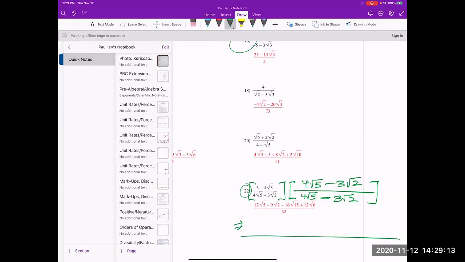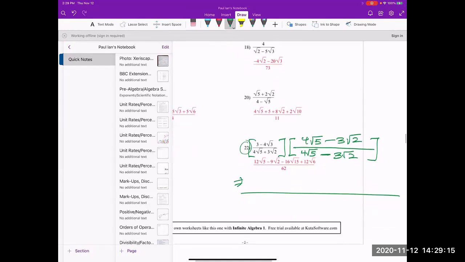So tell me the bottom. What's the first term? 4 root 5. But then you're multiplying it by the same thing. What is 4 root 5 times 4 root 5? 16 root 25, which is what?